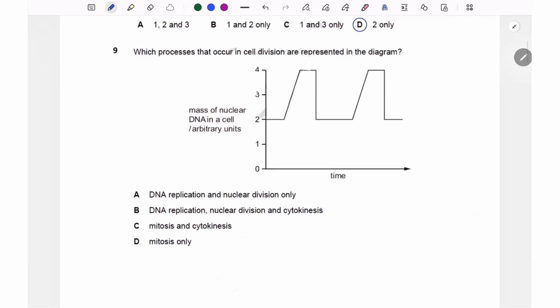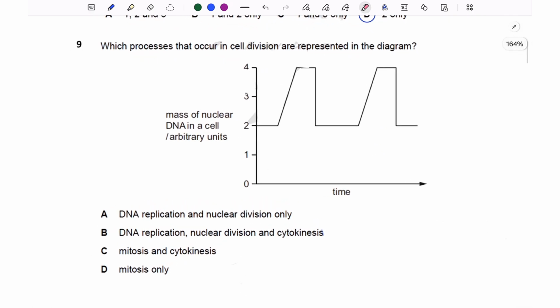Question number 9. Which process that occurs in cell division is represented in the diagram? This is the mass of nuclear DNA in a cell, and over time we're going to look at how the graph goes. So what processes would occur here? You have this bit where the mass doubles from 2 to 4.